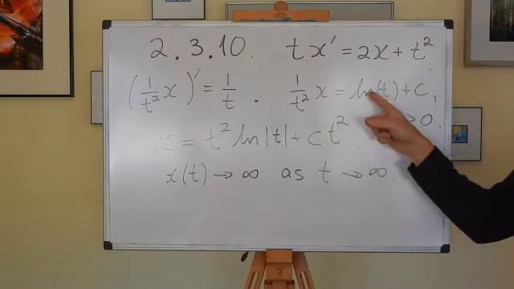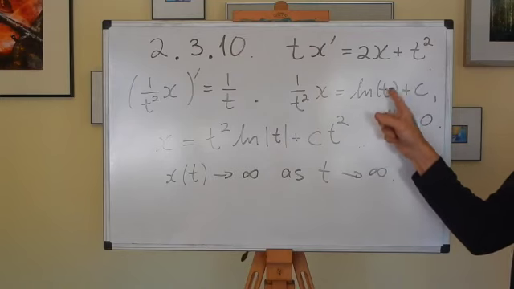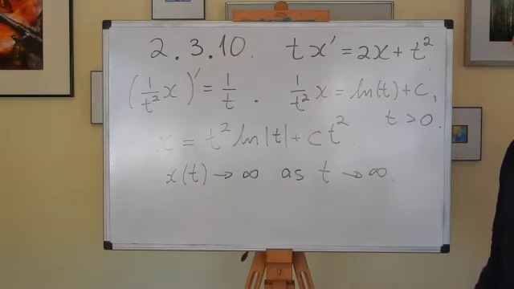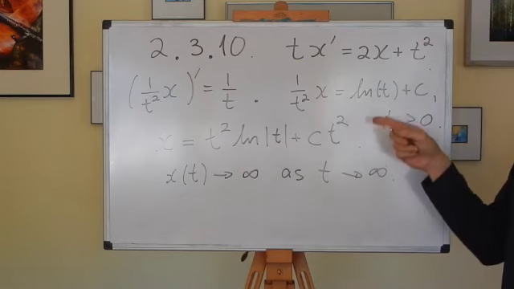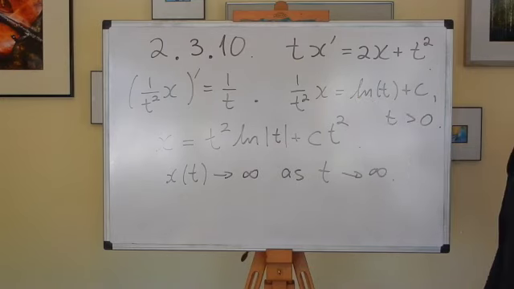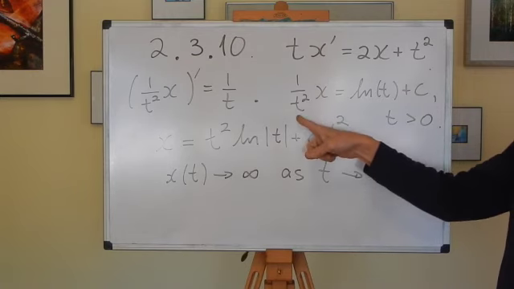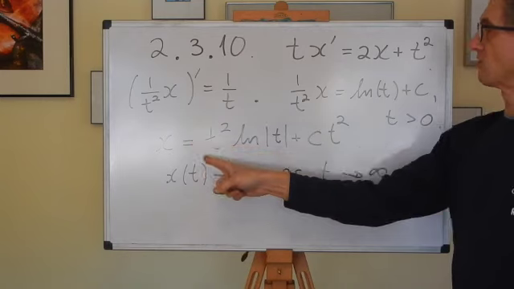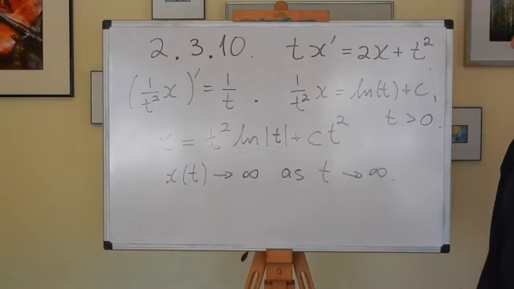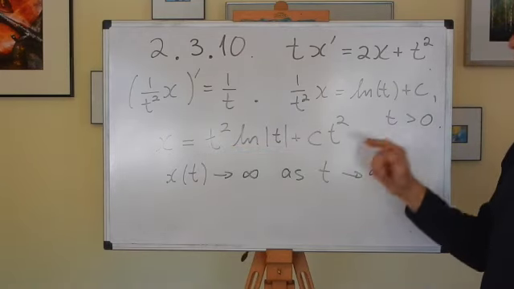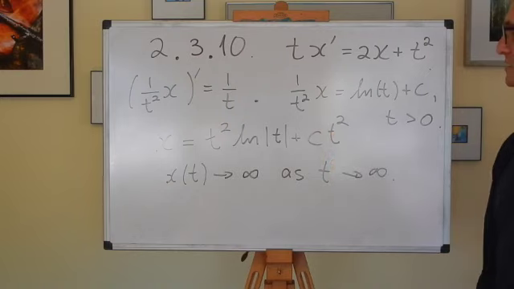And again, I'm assuming here that t is positive, so that integrating 1 over t gives log t. If t is negative, then it's log of the absolute value of t. And one way or the other, if I solve for x by multiplying by t squared, I get x is t squared times the log of the absolute value of t plus c, whatever this constant is, times t squared.